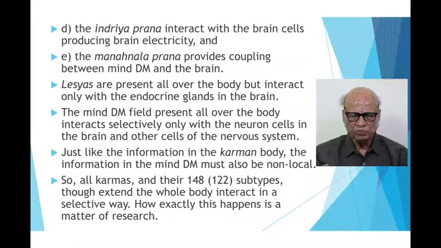I explained to you in very simple cases how the selective interaction takes place. But if you go into all the karmas which are present, with 122 arising, how these 122 are interacting with the body cells is a matter of research. It would require a very, very detailed study.